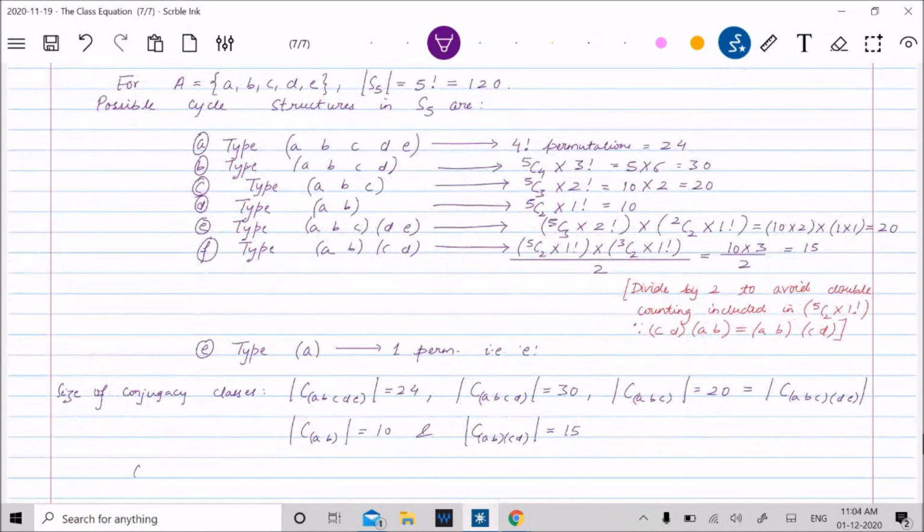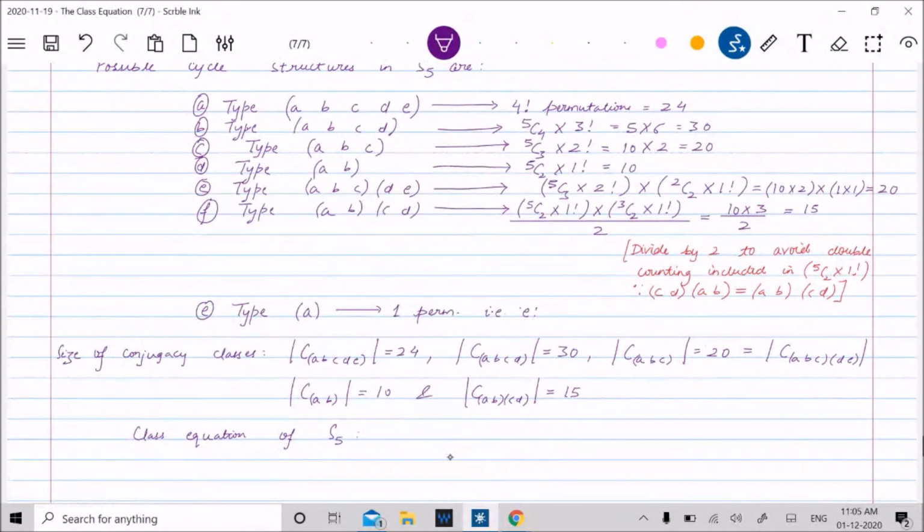So the class equation of S5 I can write now. You can see that the size of S5, that is 120, is equal to the size of the center, which is 1, and then I will write the numbers in ascending order. I will start with 10 plus 15 plus 20 plus 20 plus 24, right?